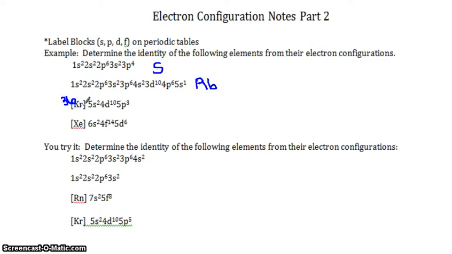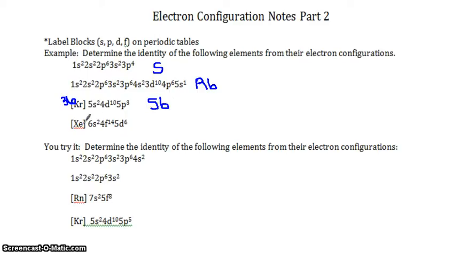And what this configuration is saying is this element is krypton plus this added on. So we take 36, the number for krypton, and we add to 36 the exponents. So we have 36 plus 2 is 38, plus 10 is 48, plus 3 is 51. So this is element 51, which is Sb.